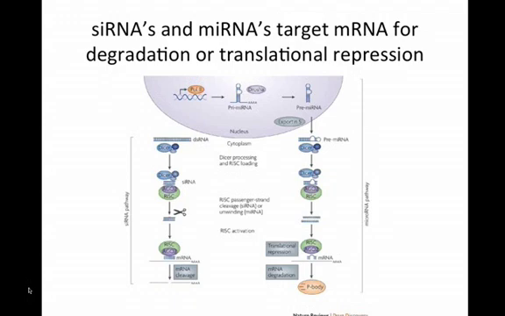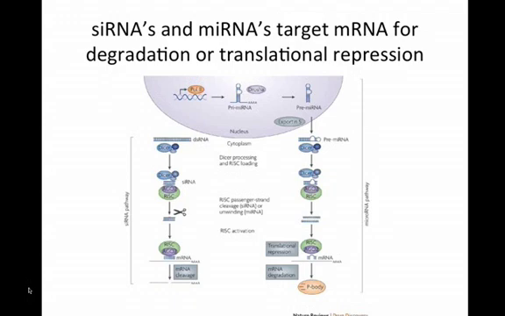It'll interact with these processing enzymes and base pair with the mRNA and target it for cleavage, so literally cleave that RNA, or it might also bind to and repress translation. So that's another function. So those are two more ways.